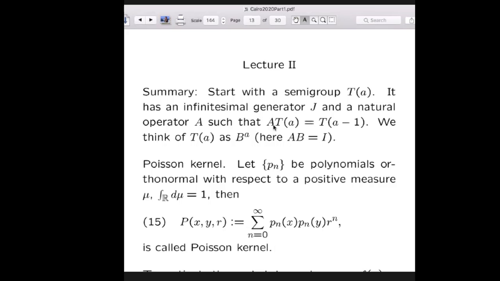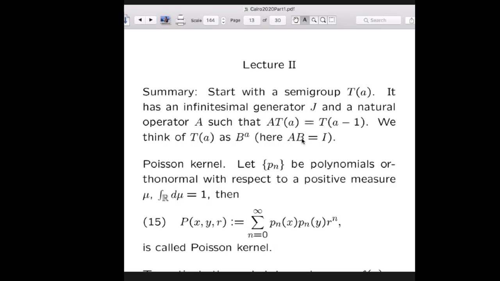If I can find such an operator, usually, if it's defined on polynomials, it will reduce the degree, so it will have a non-trivial null space. But in general, it has a one-sided inverse B, so AB is the identity. And the semigroup is essentially the fractional powers of this B operator.